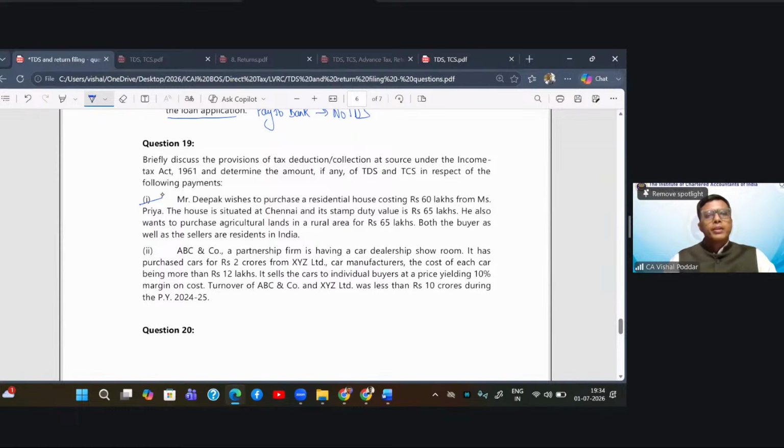Now 19.1. I'm sure now you can answer yourself. Chalo, because we have discussed a similar point. So you tell me. Aditya, what is 194M? How is 194M applicable?